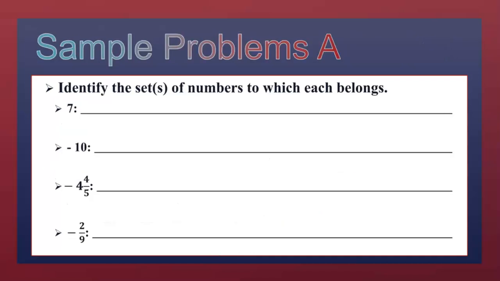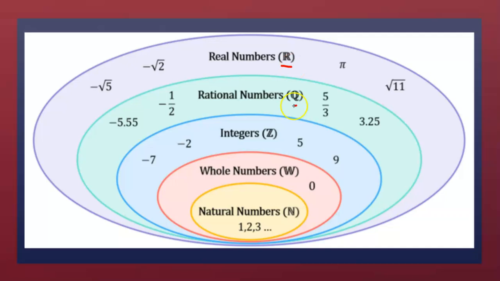So let's take a look at some examples. Here we're going to write the subsets that these numbers belong to. So what subsets of real numbers would that be? 7 can be written as a fraction, so that's rational. And if we go back here, you can see that I have these letters. These letters represent the sets.